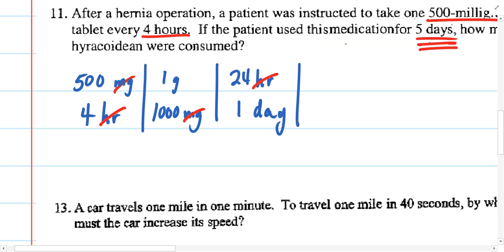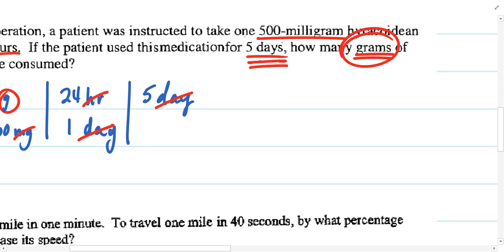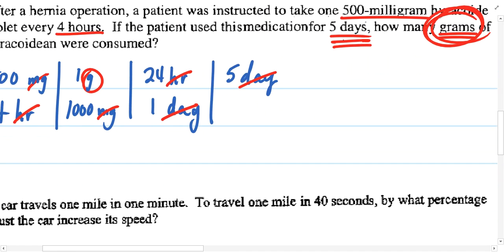And an additional measurement in this particular problem was that we were taking this medicine for 5 days. Now, if I write 5 days across the top row of this T-chart, then this day unit will cancel with this day unit, and the only unit that remains is grams. Well, that's exactly what we were looking for in this problem. How many grams were consumed?